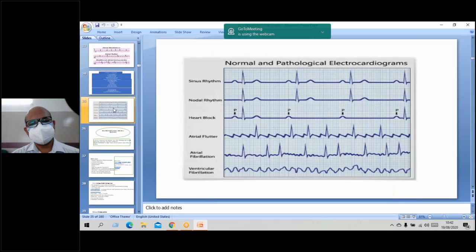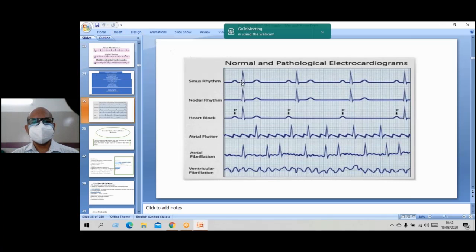Students, this is the graphical presentation of different patterns of ECG. This is very important for you, because if you always remember the top one, that is normal, then you will memorize that the ones below are abnormal.